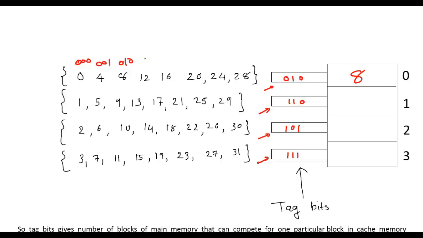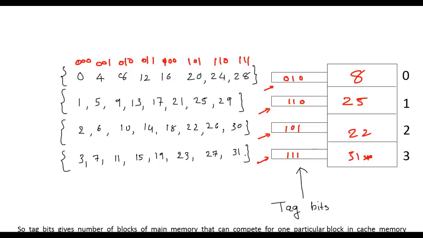Similarly here we'll find 010, so we have 011 and 100, 101, 110, 111. All right, so 110, that means 25th, 101, that means 22nd, and we have 111, so 31st block.